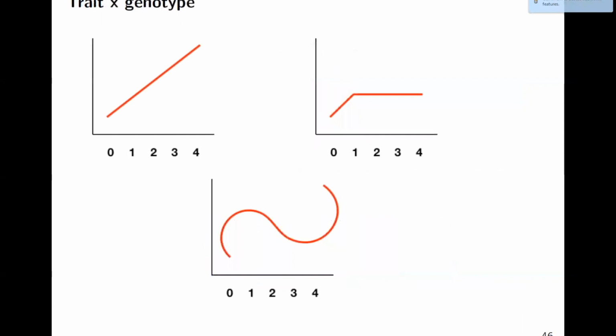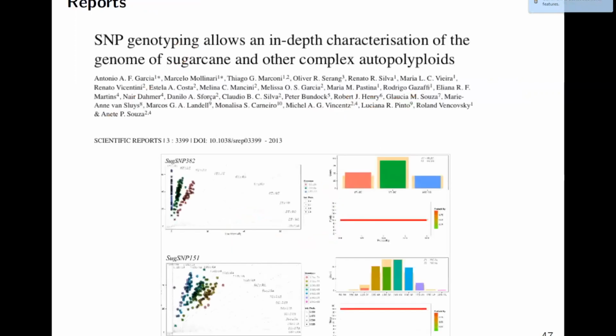It might happen that it really matters, that as I get higher dosage, I have a higher impact on my trait, or something crazy might happen. I don't know. Basically, my point is, if we don't look at the dosage, we don't have the chance to look at this. Okay. So is it easy to look at that?